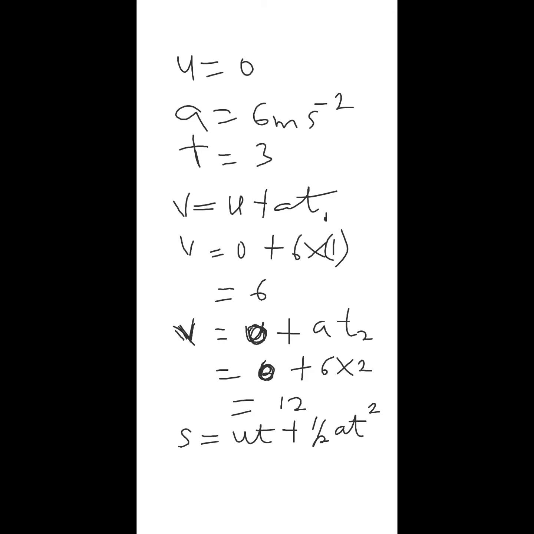The velocity has increased. So we'll use the velocity at the beginning of the third second, which is 12 at the end of second, to calculate the distance for the third second. Third second is just 1 second.